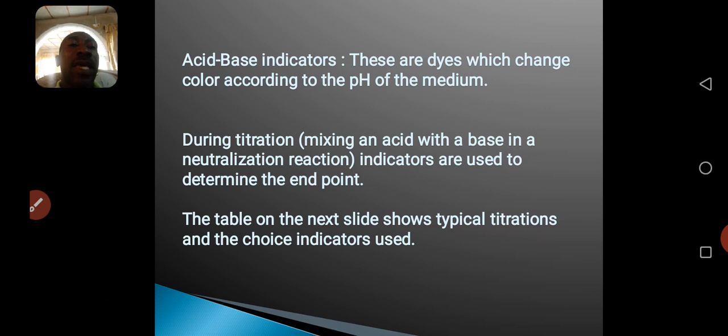So that means at that point, the solution is neutral, neither acidic nor basic. That will be shown by the indicator. We can see in the next slide typical titrations and the choice of indicator that can be used.